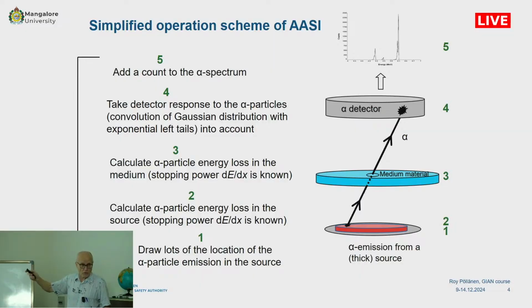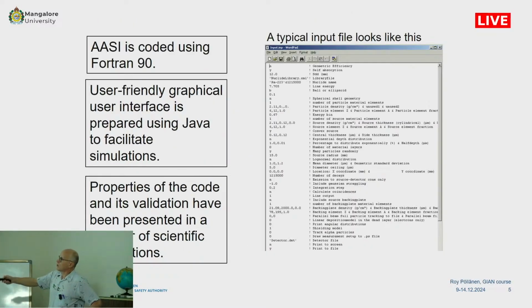We have to know what is the material. Then we take into account detector response and go back. We can do this 1,000,000 times very quickly. And that's it. It sounds very easy. And it is. So this is coded by using Fortran 90.